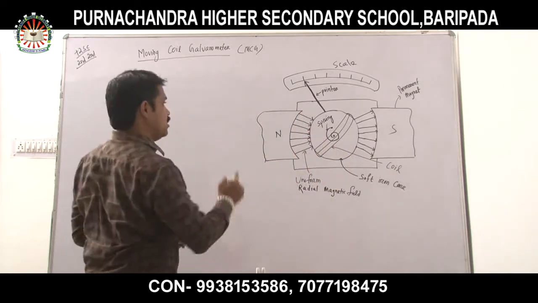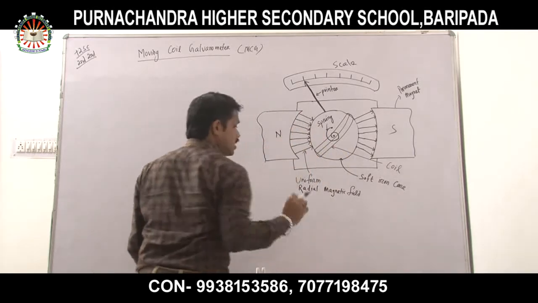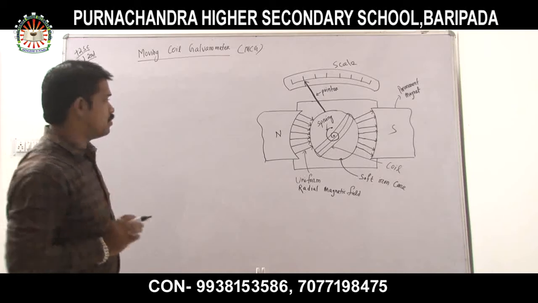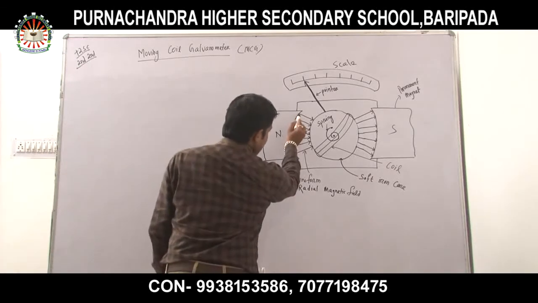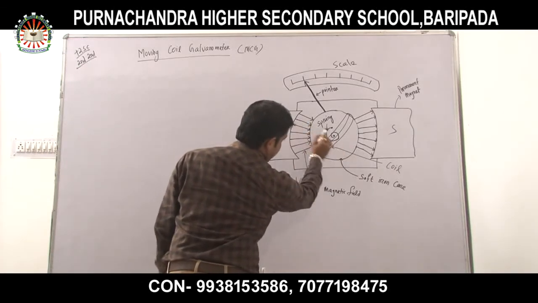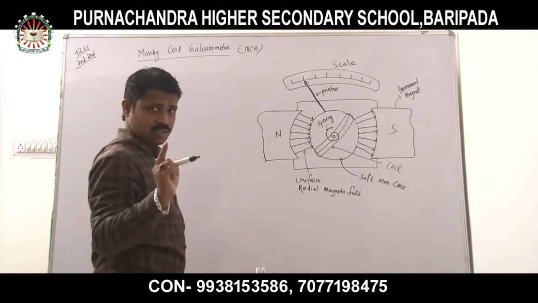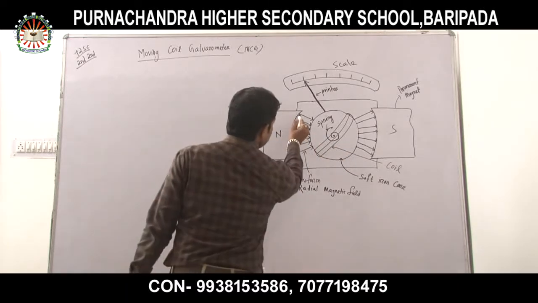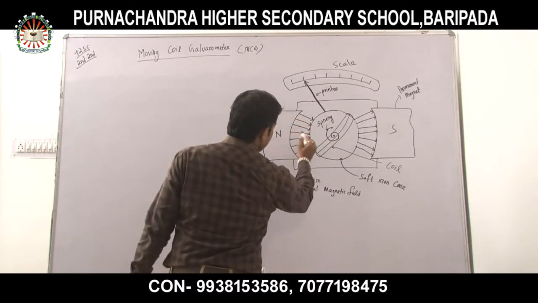That is very important. That's why the magnetic field is radial in nature. This is passing through the radius of the cylinder. Yes or no? So this structure is radial in nature.